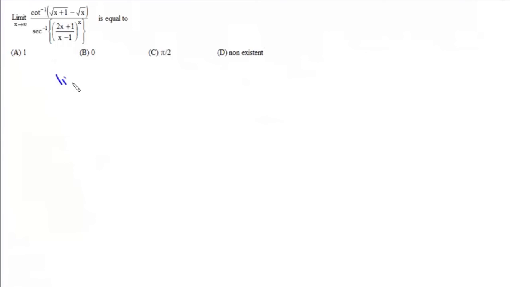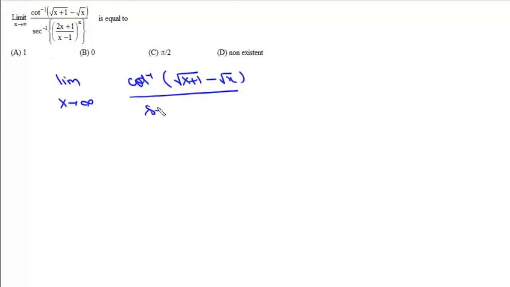Now here the question is, this limit x tends to infinite cot inverse of under root of x plus 1 minus under root x, and it will be this secant inverse of 2x plus 1 upon x minus 1 whole to the power x. Now we write this as limit x tends to infinite.